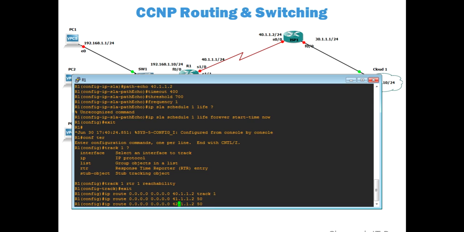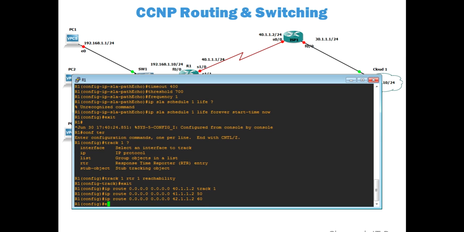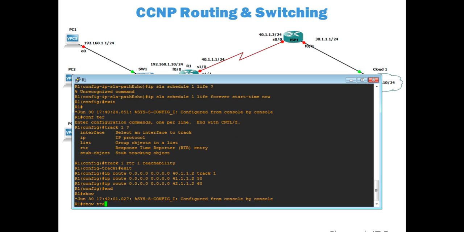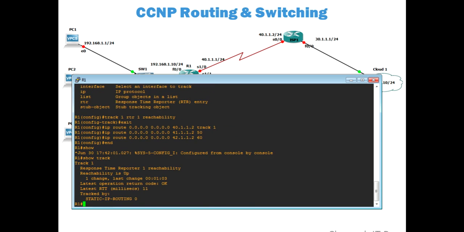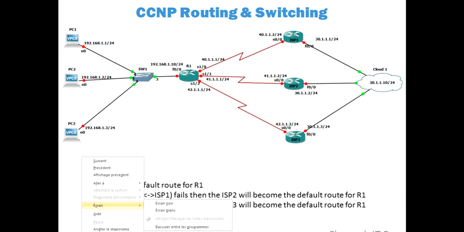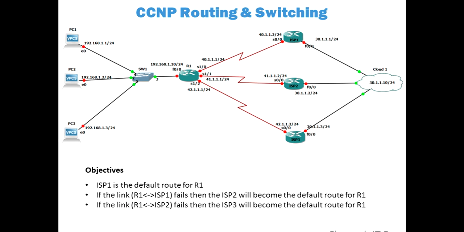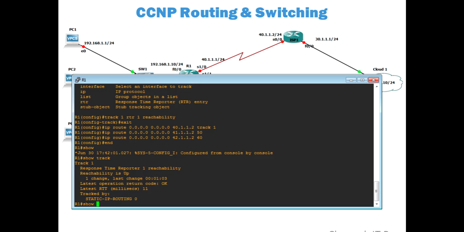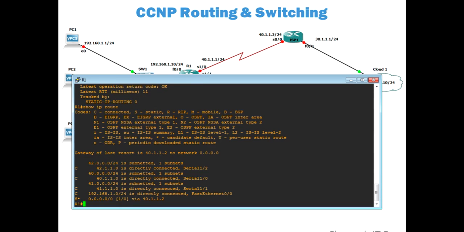And here 42, which is for the IP of ISP3. I want to see the track. Our configuration is okay, reachability is up. Now we will go to show ip route to see the routing table. It's okay.